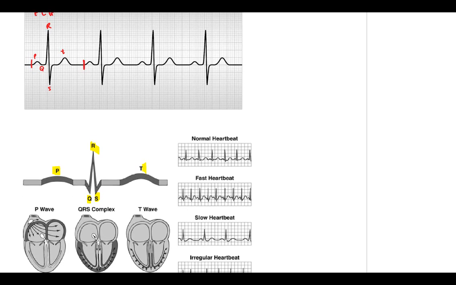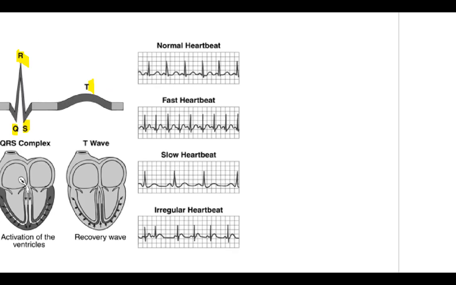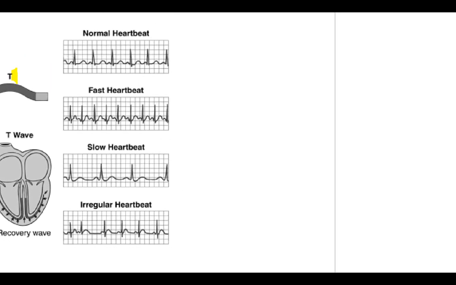Or sometimes they'll measure the distance between the two R's. This also shows a few different ECGs that they can look like. So this is a normal heartbeat.